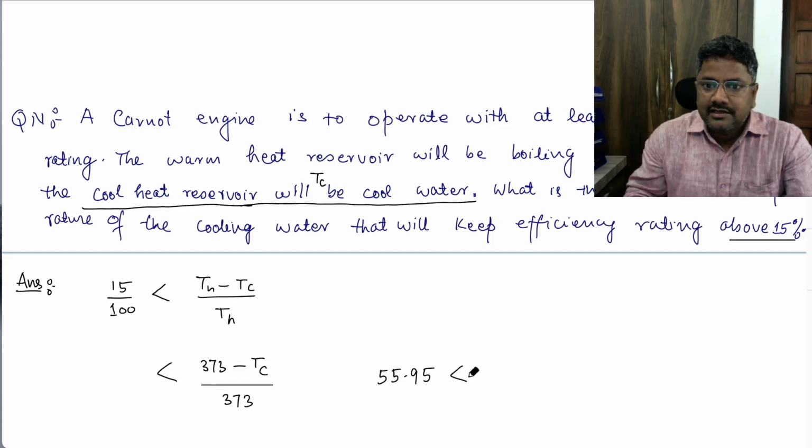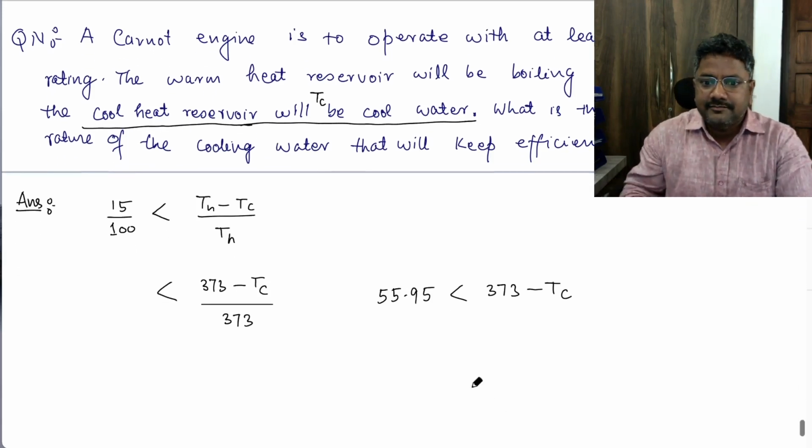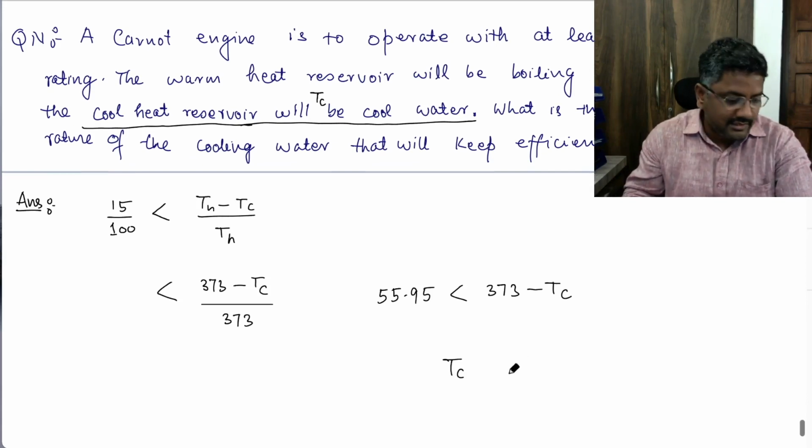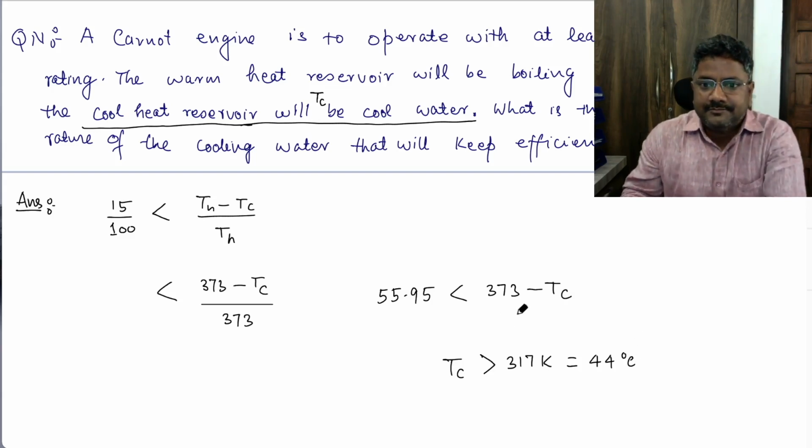It is less than 373 minus Tc, right? So you can write here Tc, temperature of cold reservoir, that should be greater than 317 Kelvin, right? And this is equal to 44 degrees Celsius.